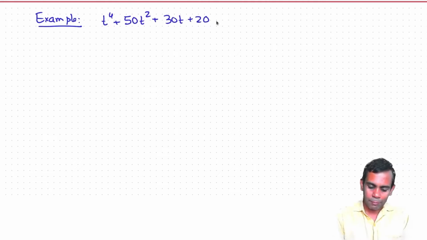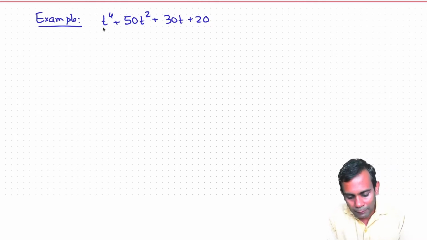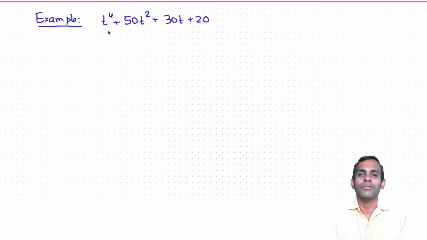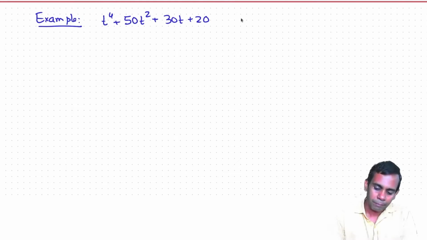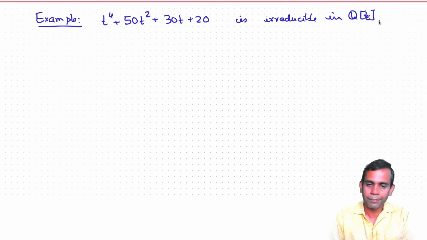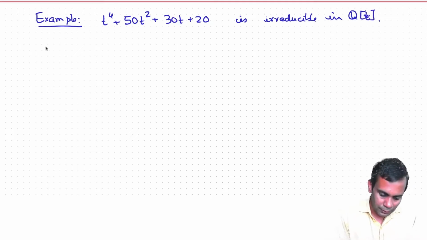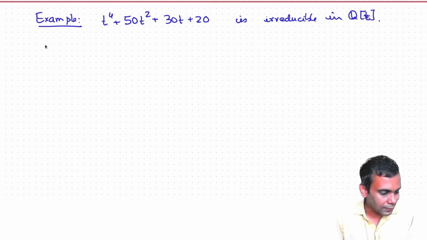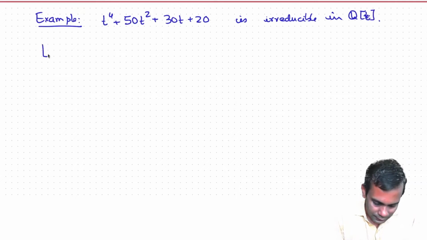Now if you take p equals 5, then you see that p divides all but the leading coefficient of this polynomial. p squared does not divide 20, so this is irreducible in Q[t].